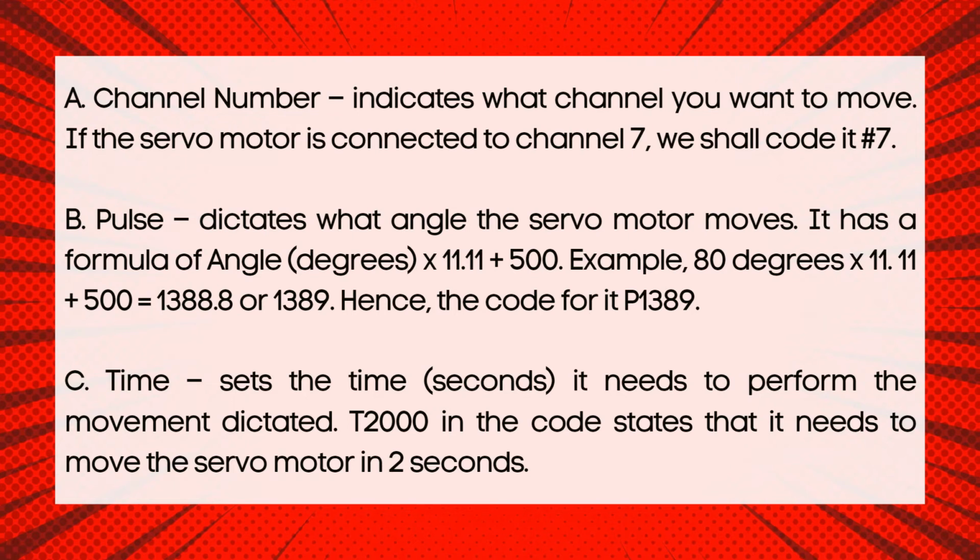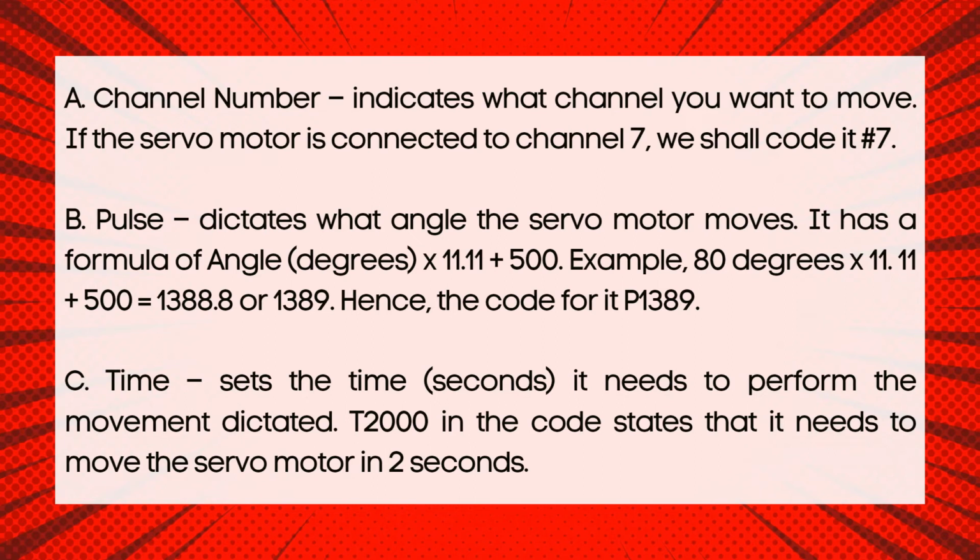So Serial.println, open parenthesis, the letter A is the channel number. What number are you going to put, where is your servo motor connected, what channel? So if you have decided, write the number sign or the hashtag sign and then the number of the channel you would like to use.